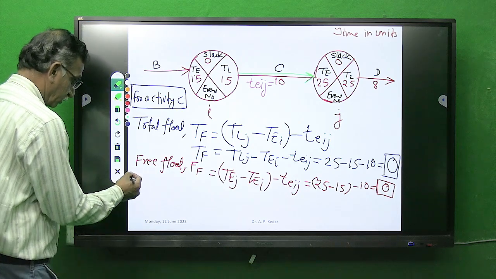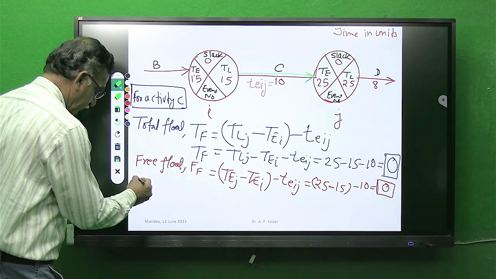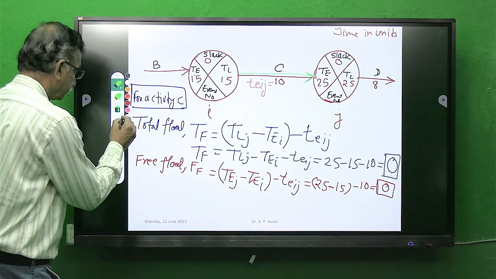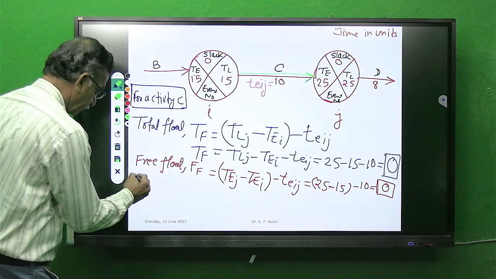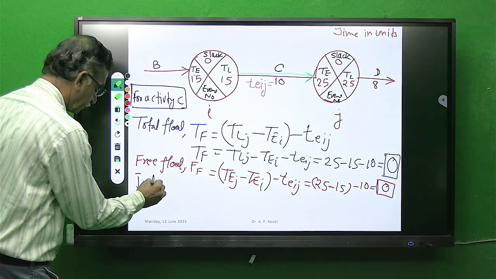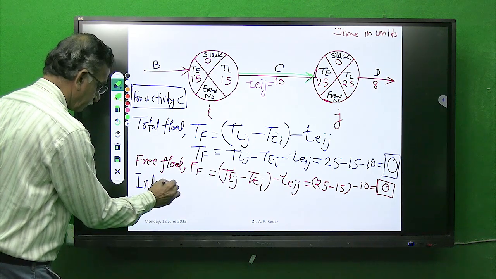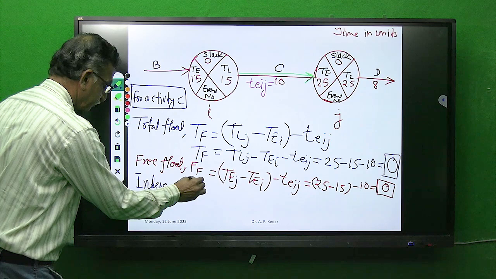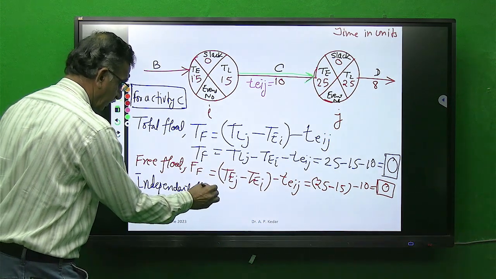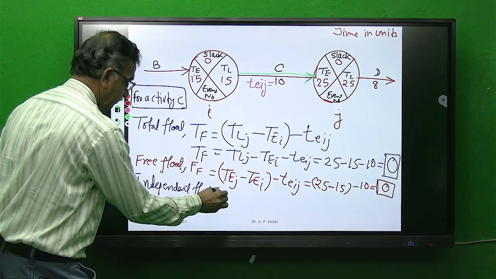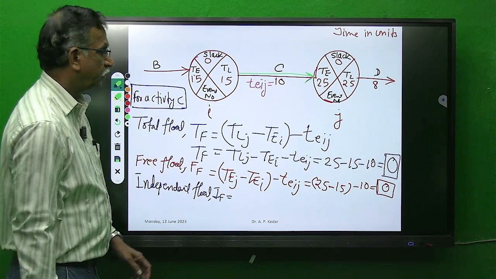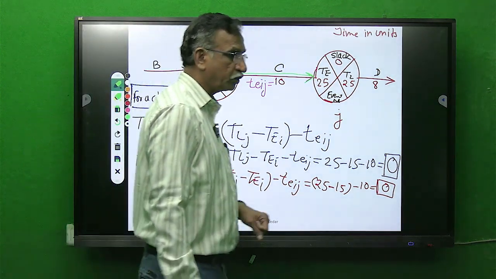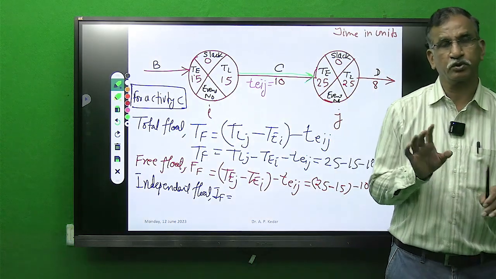Let's understand the third float, that is independent float, I F. See, these two, free float and independent float, are based on assumptions.